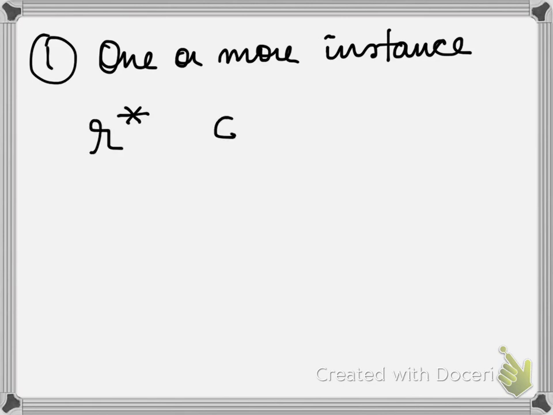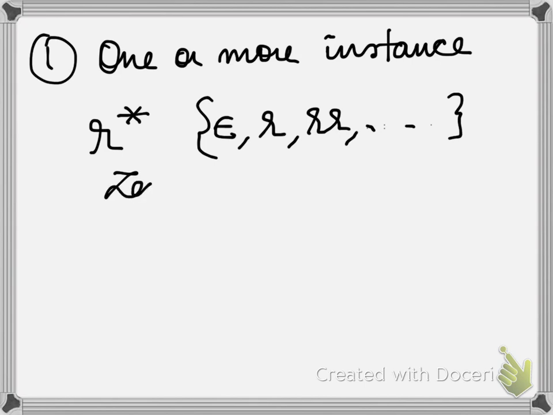So it can be either epsilon or r or rr and so on. So this means 0 or more. But if we want to represent 1 or more, that means we don't want this epsilon, we want 1 or more. In that case, we use the symbol r plus, the unary postfix operator.